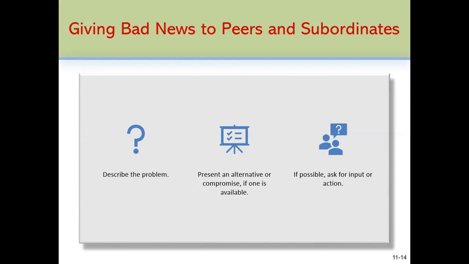Describe the problem, and present an alternative or compromise if one is available. Compromise means that if choices are there, there is an alternative route they can take. If possible, ask for inputs or actions.